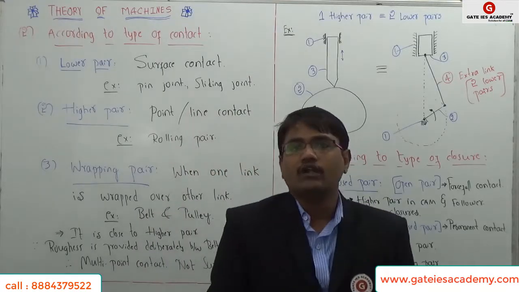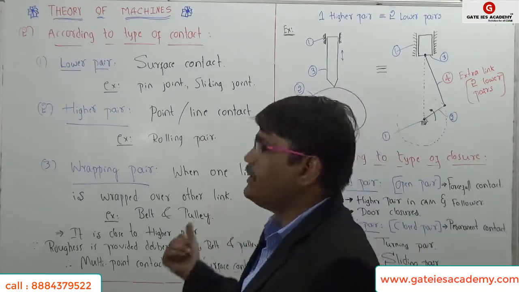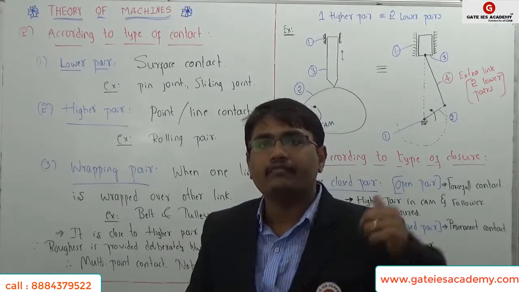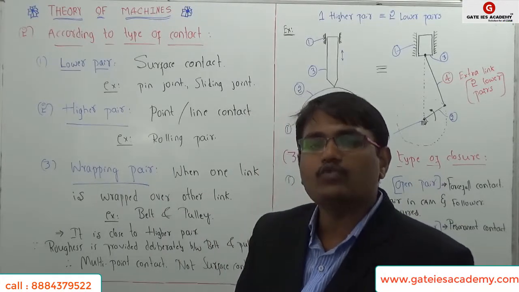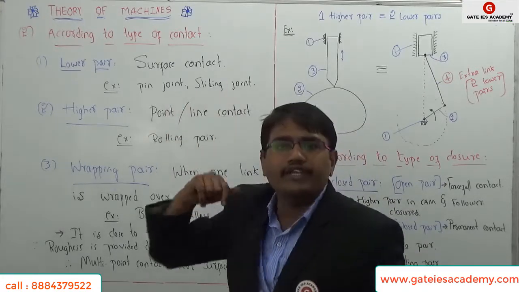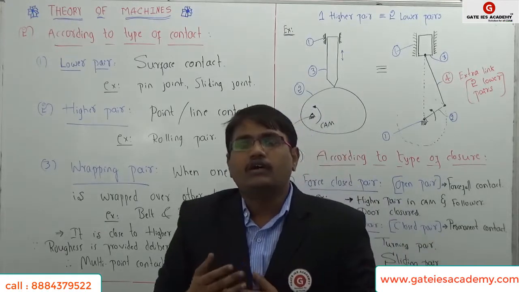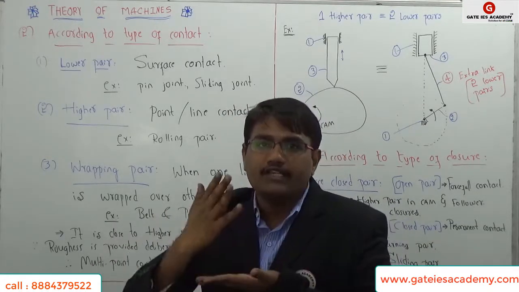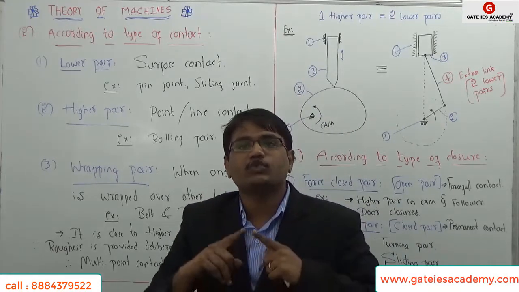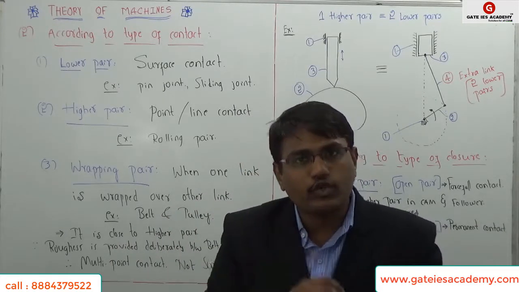So students, now let us see a few more different kinds of kinematic pairs, based on the type of contact and type of closure. Right? So what is this type of contact? See, when there is a surface contact between two links, for example a turning pair, where two links are joined by a hinge joint, the turning pair has a surface contact.